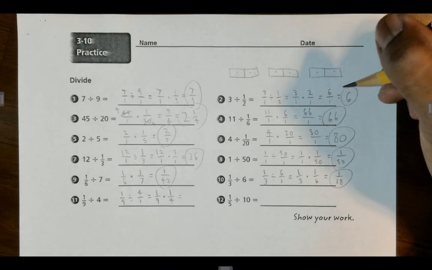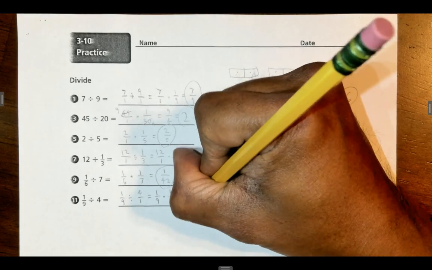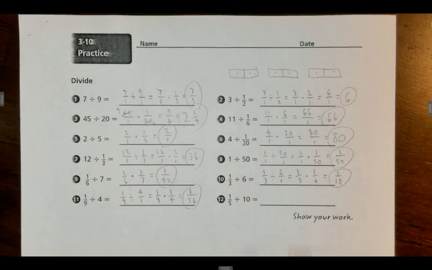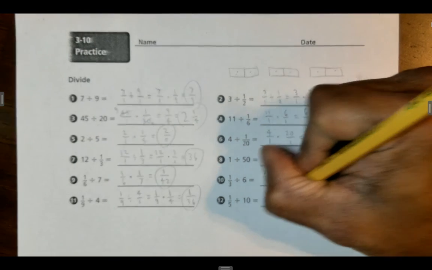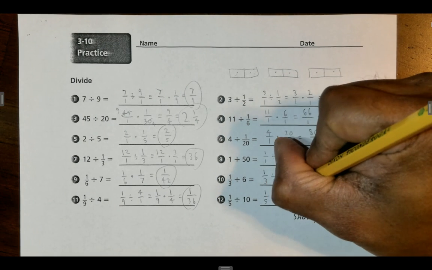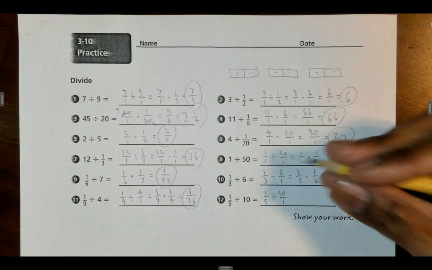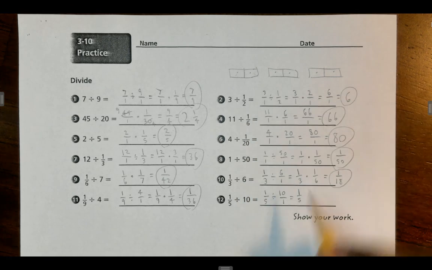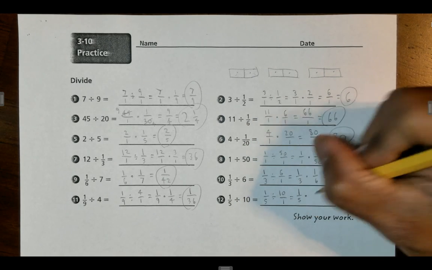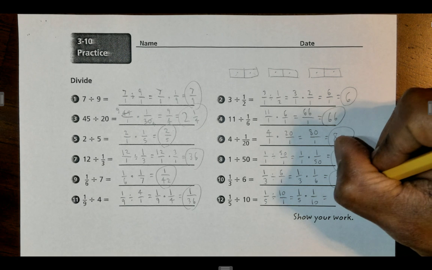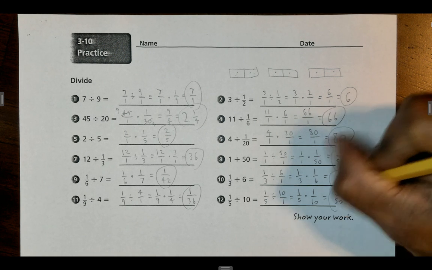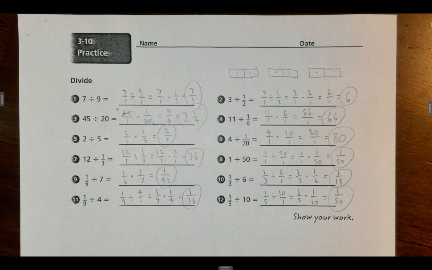Final answer of 1 over 36. 1/5 divided by 10. Keep what's on the left the same, change my symbol, flip what's on the right. 1 over 50th. And there you have it.